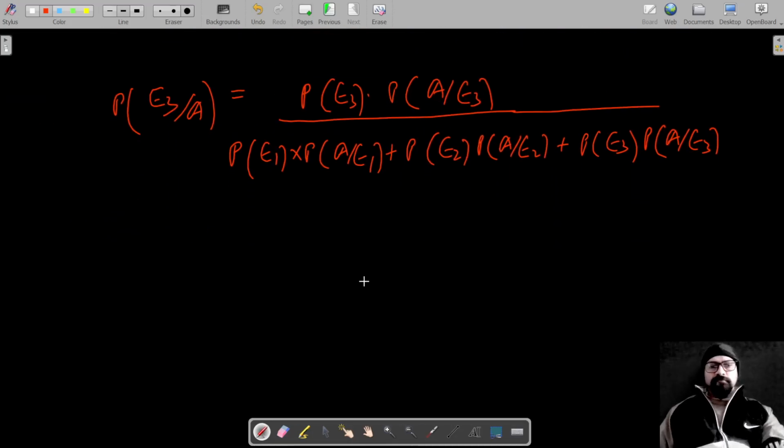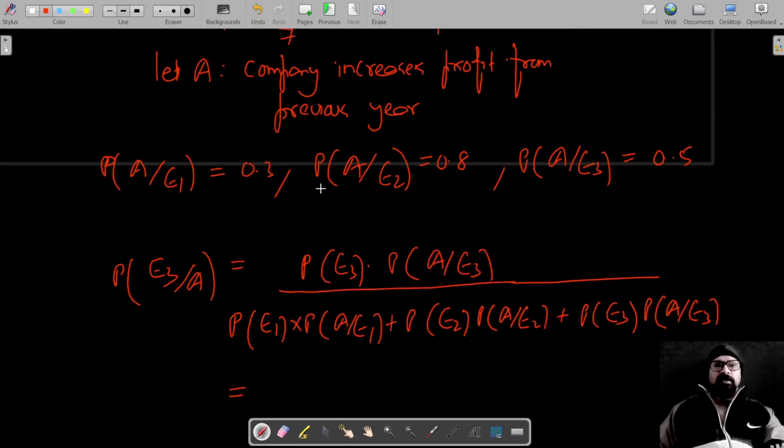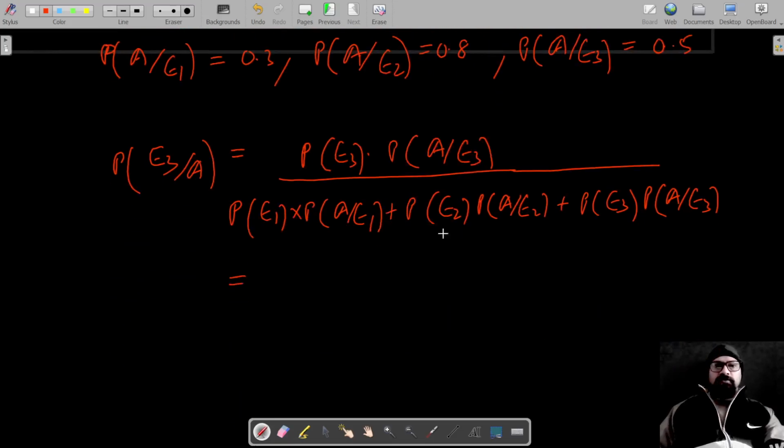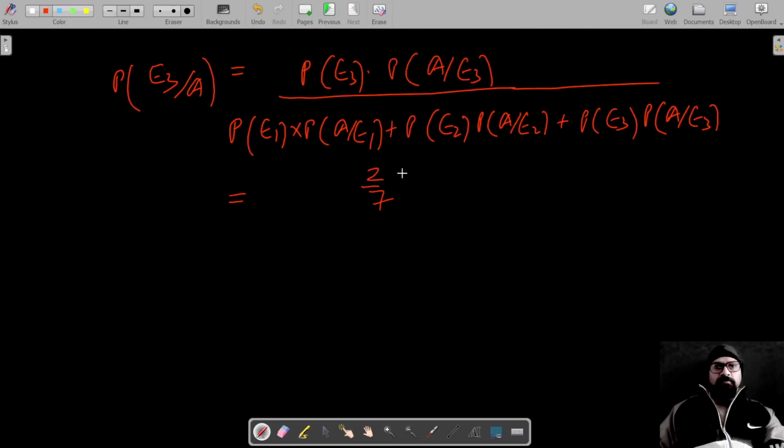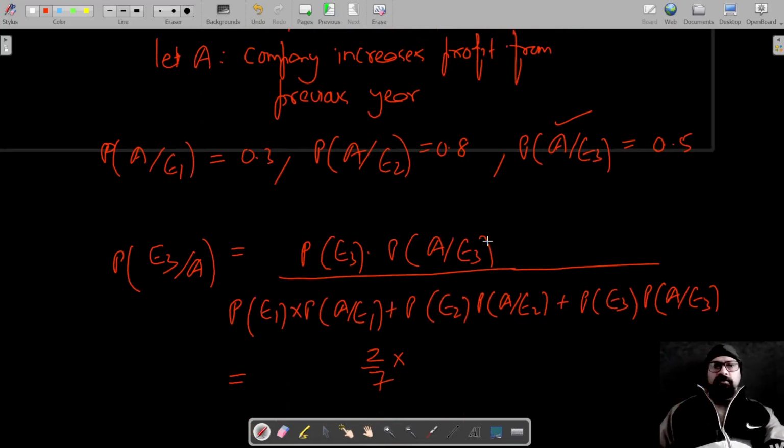So let's put in the respective values. The probability of E3 is 2 by 7, so this is 2 by 7 into A given E3, and A given E3 is 0.5.